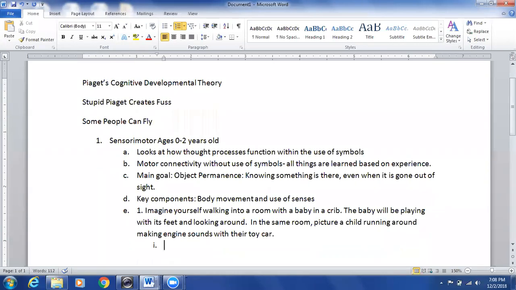So in this example, the young child playing with its feet symbolizes the use of senses to get familiar with the room.